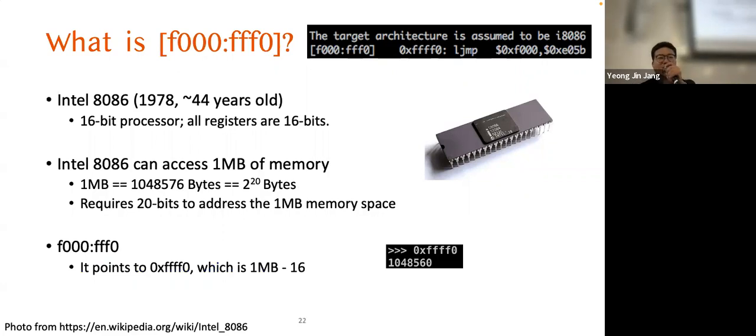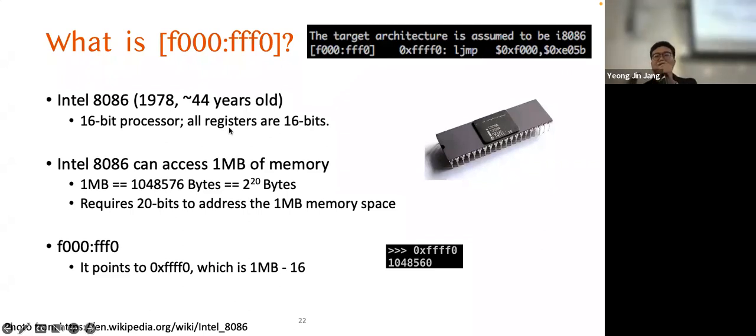And then the next thing is, although the address is FFFF0, the address shown on GDB is somewhat different: F000 colon FFF0. So what is that address? I told you that the CPUs in this era only use 16-bit registers.